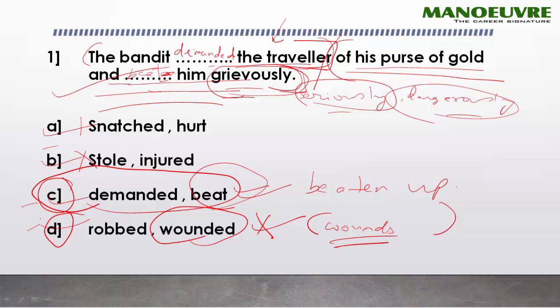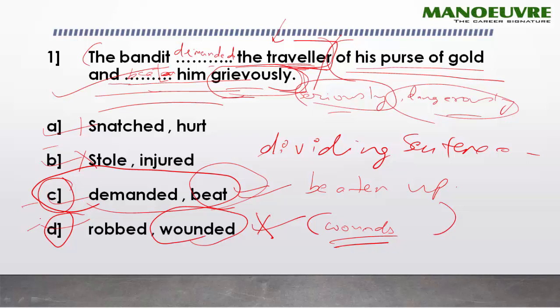Had there been another word which doesn't suggest a human, which suggests something related to material, the whole meaning of the sentence would have been changed and we wouldn't have been able to gauge the correct word over here. So what we did, we used the trick of dividing the sentence into two, right? This is one way where we used the trick and we came to our conclusive answer.